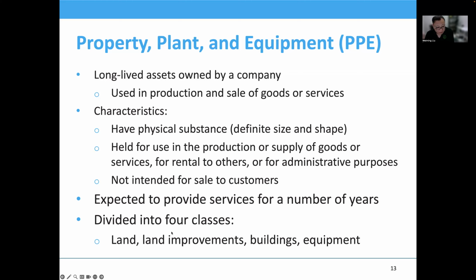Okay, so there are 4 classes of PPE. You have land. We all know what land is. And land improvement. Land improvement would be like building a fence on the land, paving a driveway, paving a sidewalk.